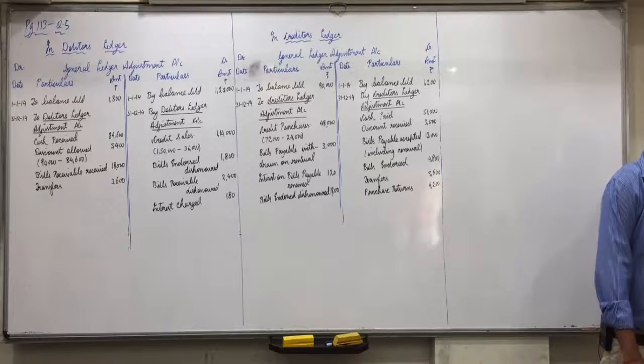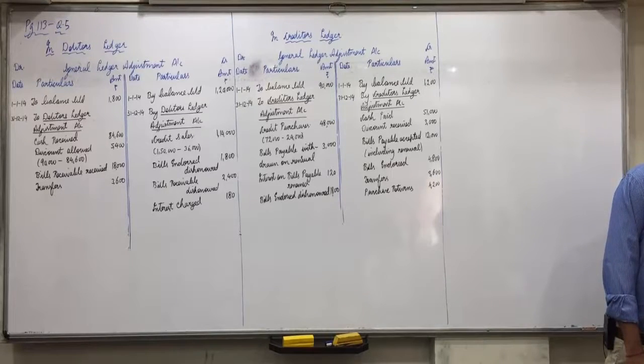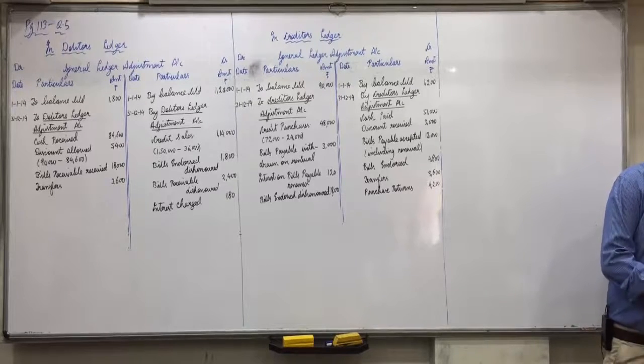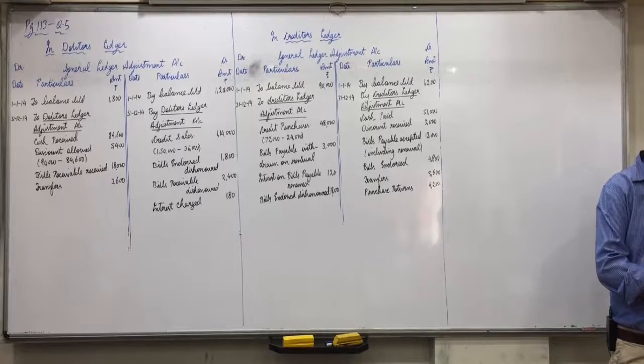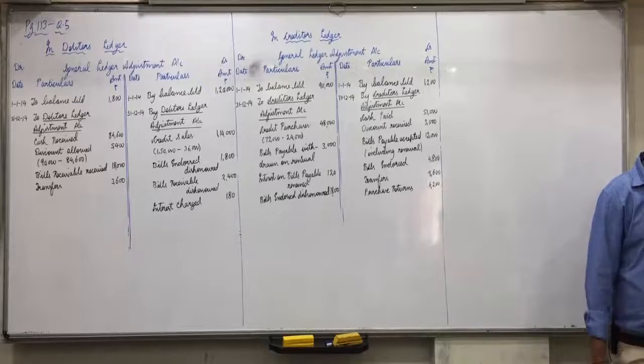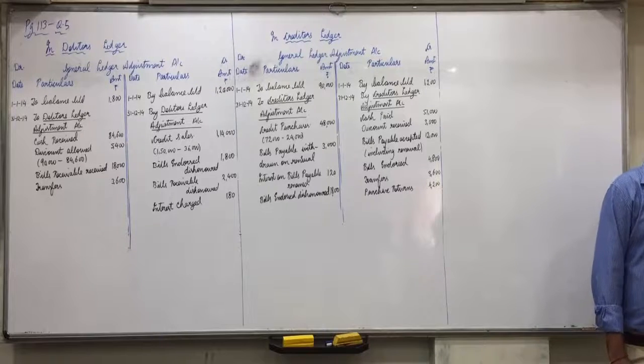Now debtors balance as on 31/12/14 is 2,700 and creditors balance as on 31/12/14 is 6,522. Now which balance is this? It has to be the opposite balance. So debtors balance, make it credit in brackets. Creditors balance, make it credit.